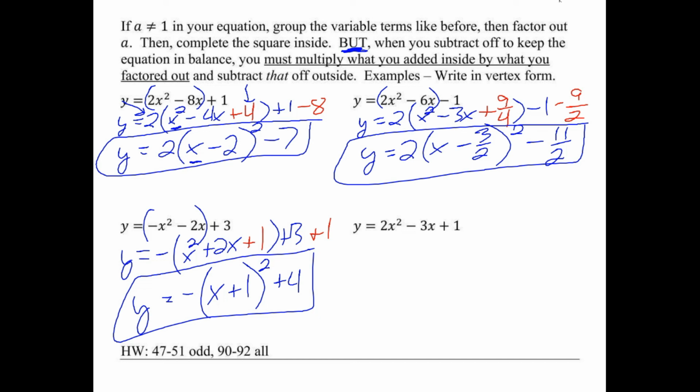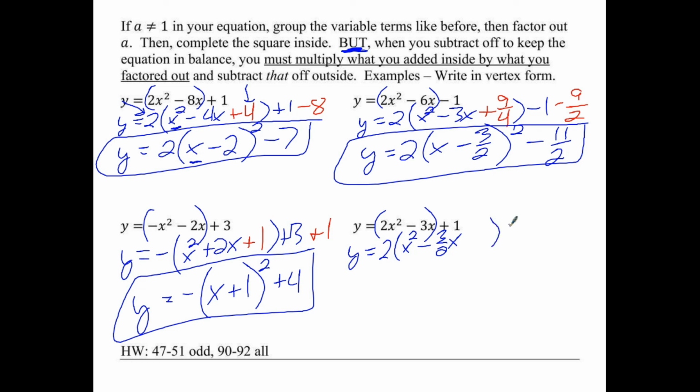All right, let's take a look at the fourth one. What do we do? Group the x terms. Now what? We have to pull that 2 out. What do I have? Three halves, x.